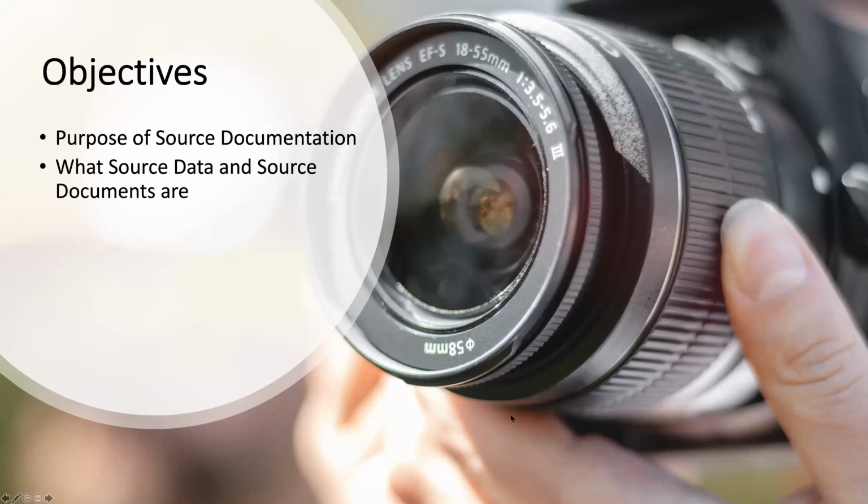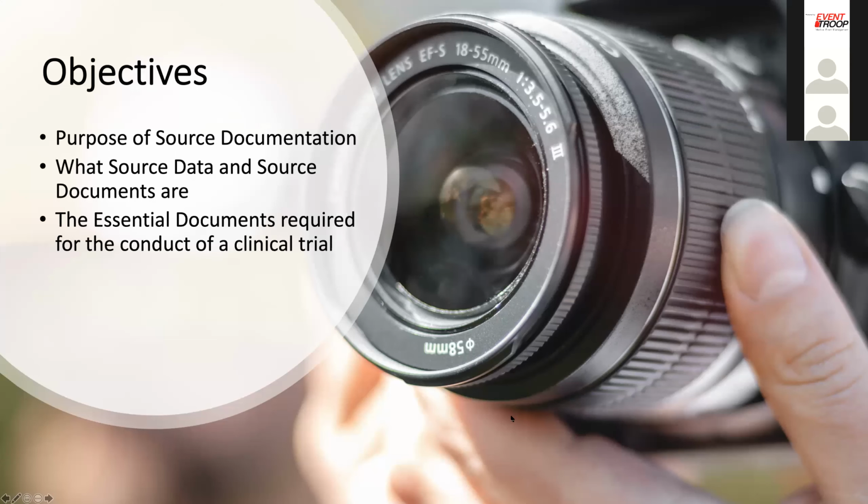We will look at what source data and source documents are, and I shall define these for you. And then we look at the essential documents that are required for the conduct of a clinical trial and why we need them. And then finally, I'm going to introduce a term to you called source document verification, or SDV. This is something the sponsor will do for a clinical trial, but it does impact yourselves as researchers.